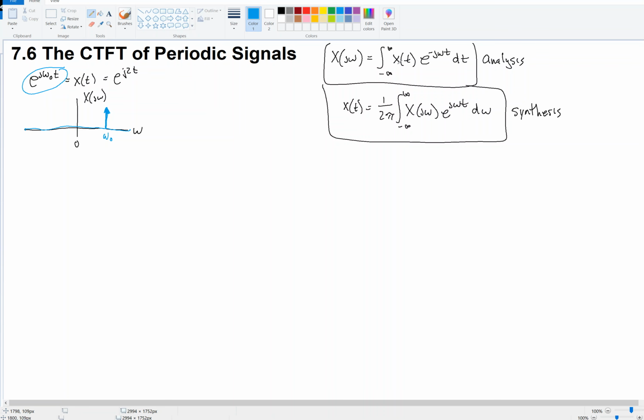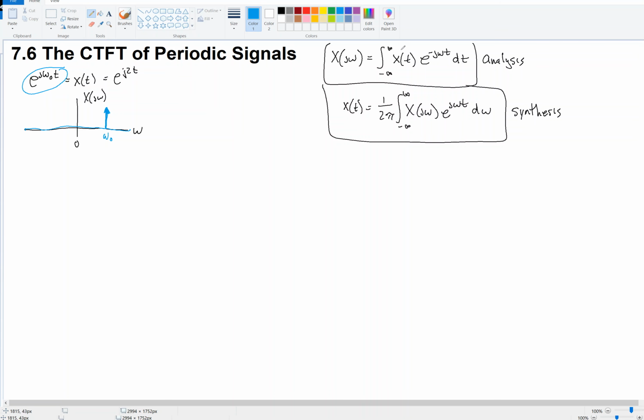And you could look at it another way. If x of t is periodic, that means it goes on forever and it cycles forever. And when you integrate something that goes on forever, you're not going to be able to integrate it from minus infinity to infinity. You're not going to be able to accumulate area that goes on for infinite time, right?